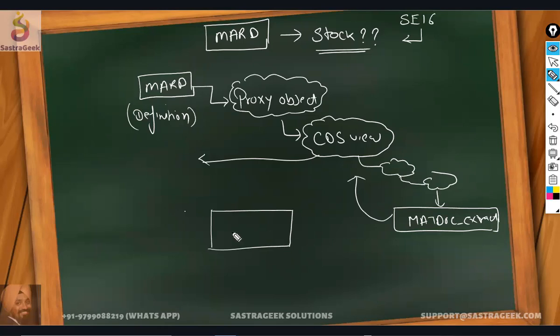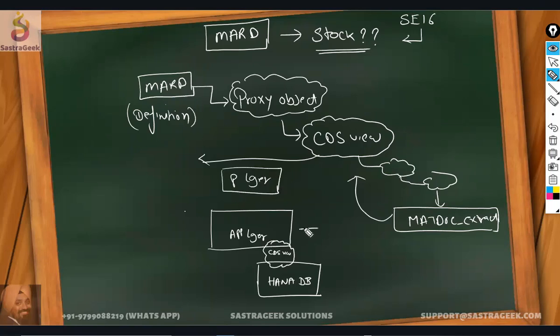So we have an application layer. This is your application layer. This is our HANA database. In the structures, when you look, you will find CDS view is written like this. And this is your presentation layer.